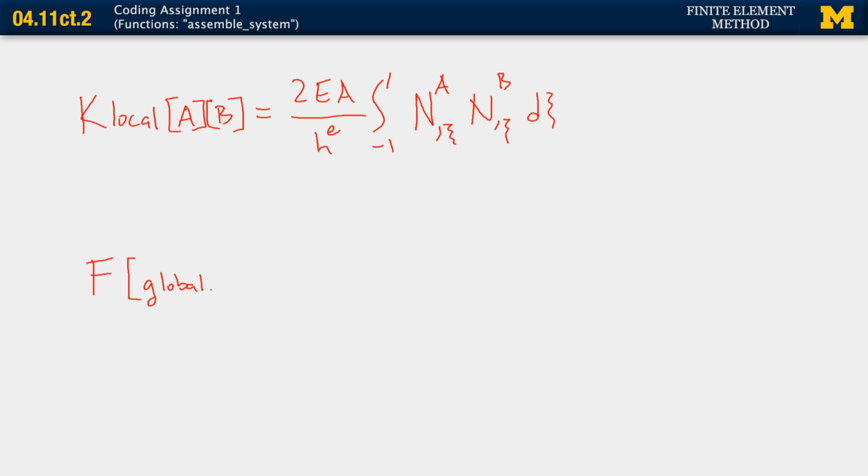And you'll put that value of f local into the corresponding value. That should be a plus equals, because we don't want to delete any values that were already in f, right? We just want to add on to them. And so you add on the f local for the local node number.